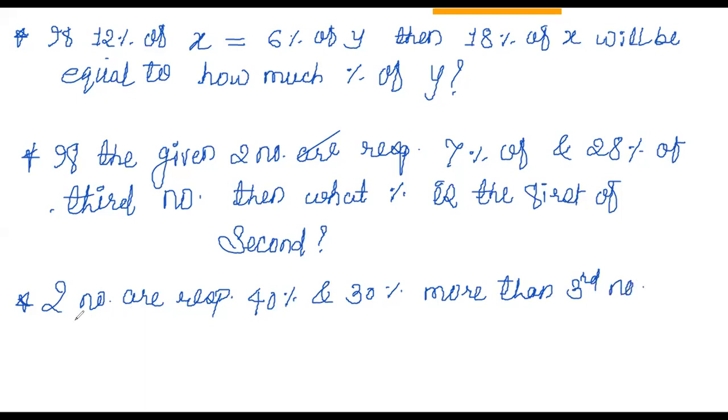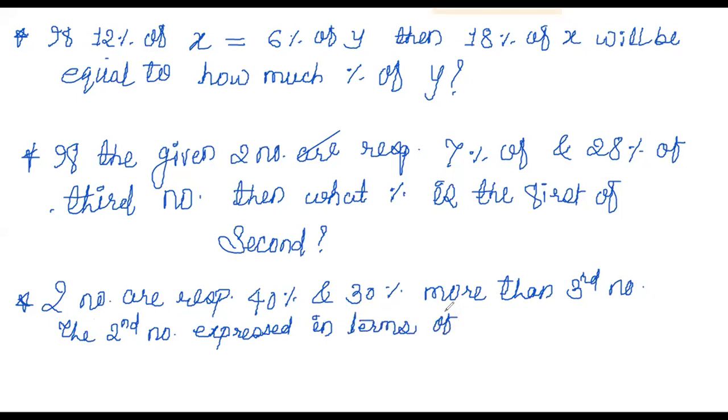The second number expressed in terms of percentage of the first is. Okay, you can solve these two examples later on. Now we are going for the next one. Next example.